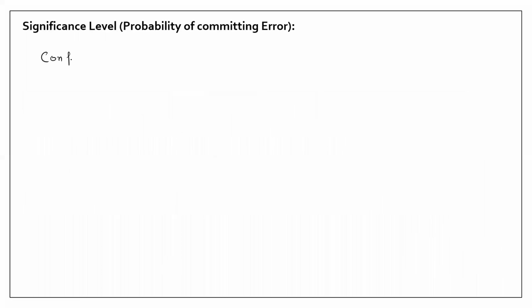When I have spoken about the confidence interval, we are finding the confidence interval at a certain confidence level. Let's say you are 95% confident, or let's say 99% confident.